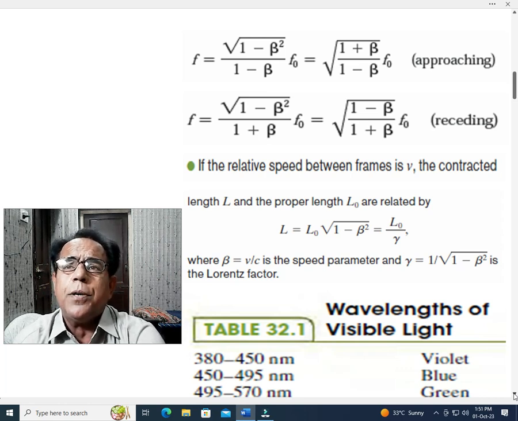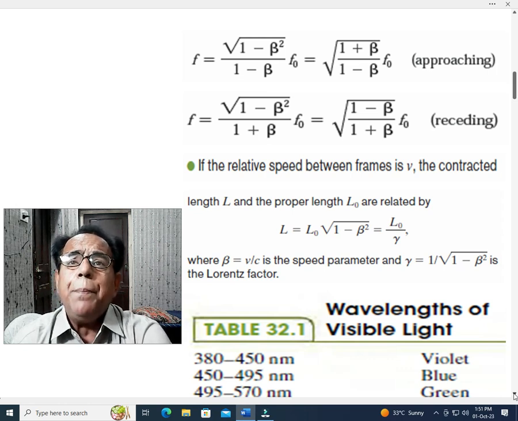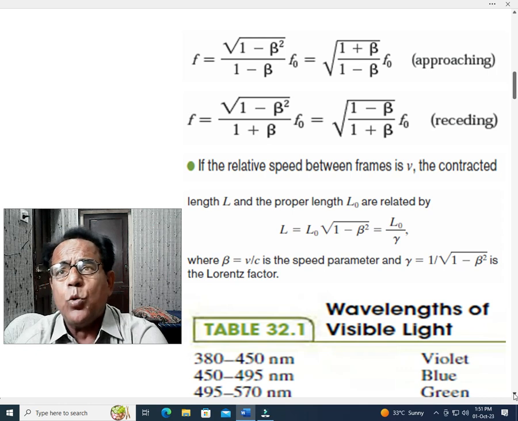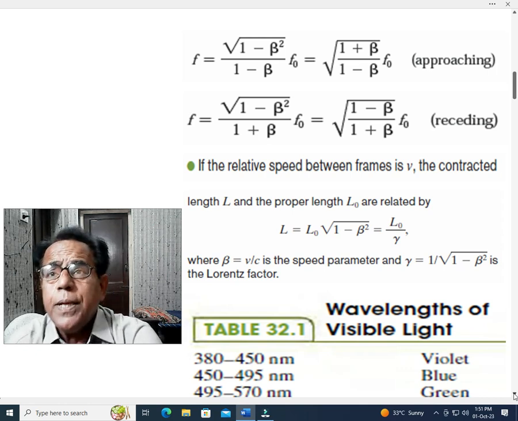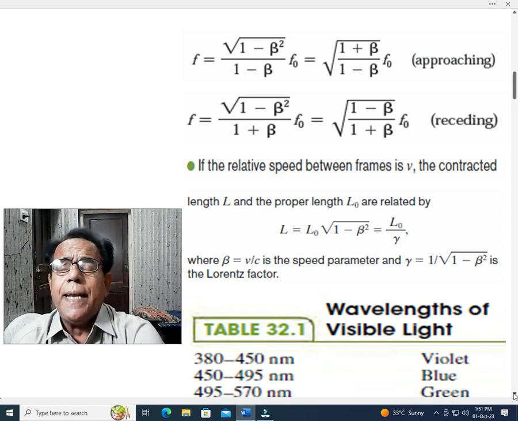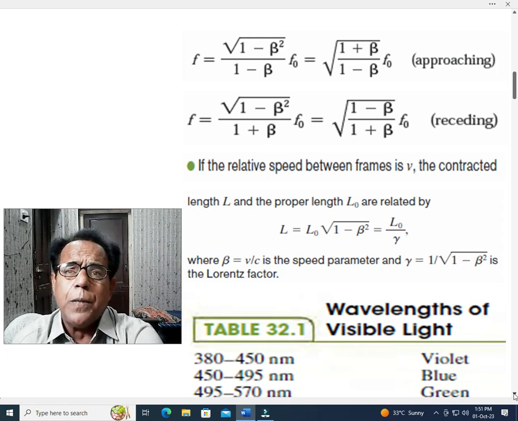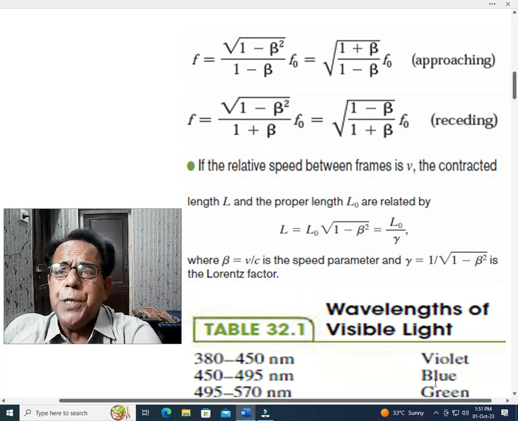This is in accordance with the formula a squared minus b squared is equal to (a plus b) into (a minus b). This is the approaching case. The receding case is f equal to the square root of (1 minus beta squared) over (1 plus beta), into f naught, and this alternatively becomes the square root of (1 minus beta) over (1 plus beta), into f naught.